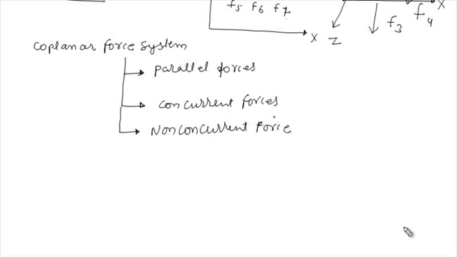According to the line of action of the forces, we can further divide the coplanar force system into the parallel force system, in which the lines of action of all the forces are parallel to each other. These are coplanar parallel forces.